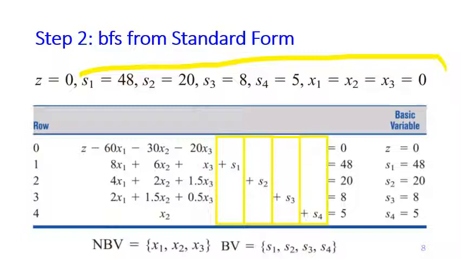And then how do you know that X1, X2, X3 are all 0? Well, because they are all non-basic variables. That's why the values of X1, X2, and X3 are all equal to 0. So you have obtained a BFS, and that means you have completed step 2 in the simplex algorithm.